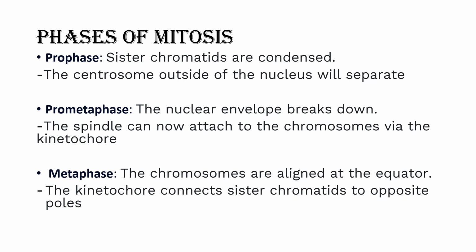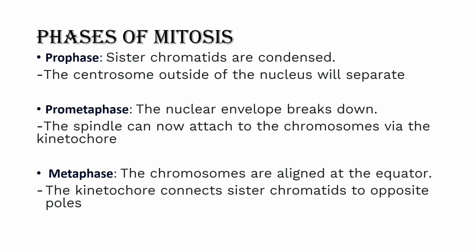When we talk about prometaphase, we are talking about the stage whereby the nuclear envelope breaks down and the spindle fibers can now attach to the chromosomes via the kinetochore. So when you look at the structure in prometaphase, the chromosomes are working towards aligning themselves along the equator.